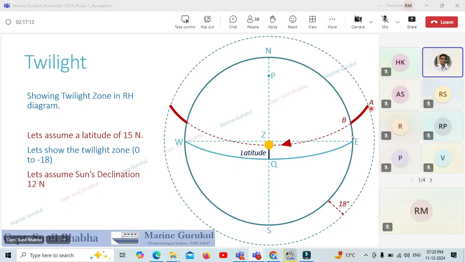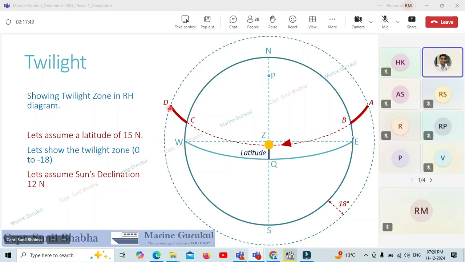So you can represent these points. At point A is the commencement of the morning twilight. At point B is the ending of the morning twilight or the sunrise. Then in the evening time at point C, we have the sunset and the commencement of the evening twilight. And at point D, the evening twilight ends and the sun goes beyond the 18 degrees belt.